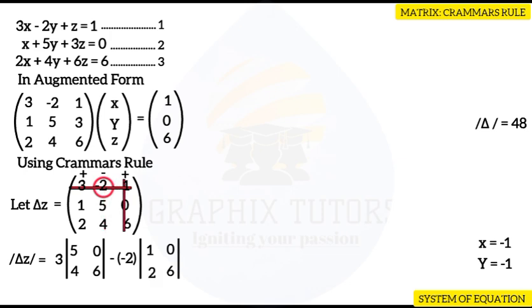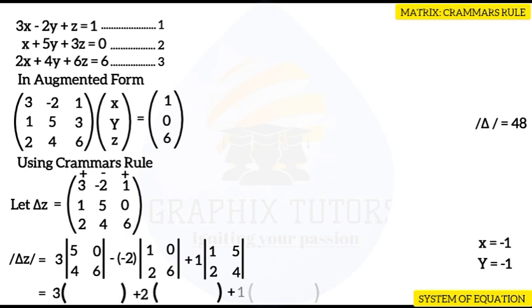What they have in common here is 1. What is on top of 1 is plus. So we have plus 1 open bracket here. What is remaining is 1, 5, 2, 4. So we'll move forward. So we'll now say that 3 open bracket plus 2 open another bracket plus 1 open another bracket here. So in between them we have minus, minus, minus.